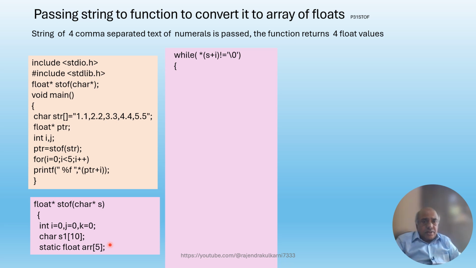Now we have created a while loop: while star of s plus i is not equal to \0. In this outer while loop, we have created another while loop, which is an infinite while loop, while (1).